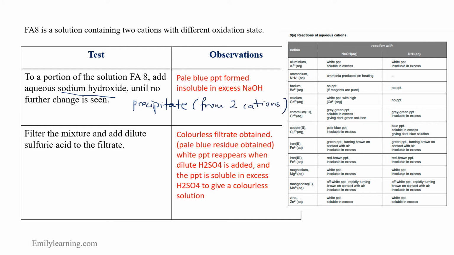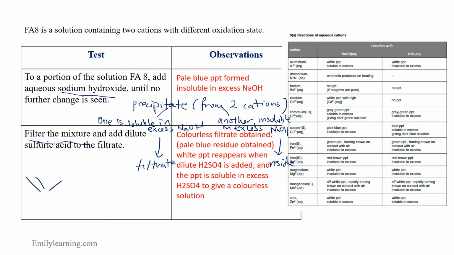And why do you need to filter the mixture? This is because, of the two precipitates formed, one is soluble in excess sodium hydroxide and the other one is insoluble in excess sodium hydroxide. The one that is soluble in excess NaOH will be inside the filtrate, while the one that is insoluble in excess NaOH will be found in the residue when you do the filtration.